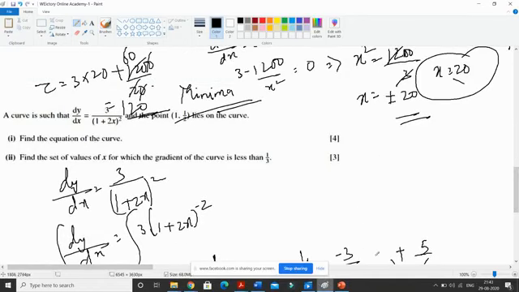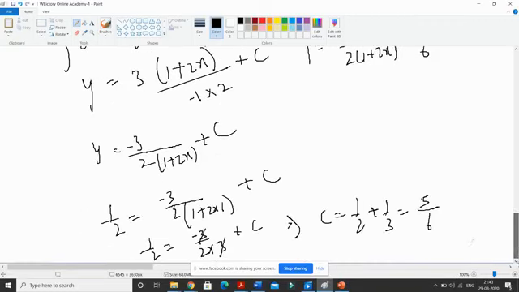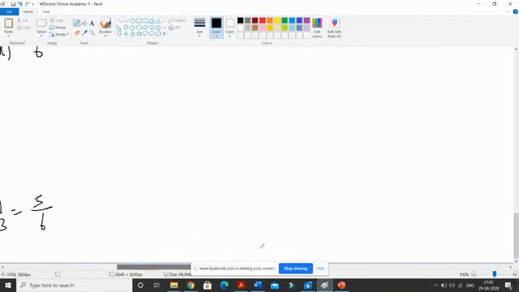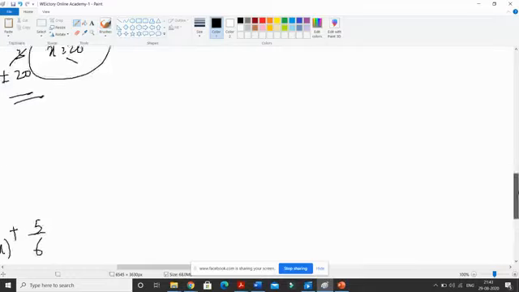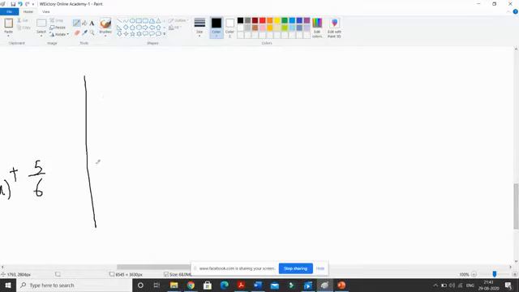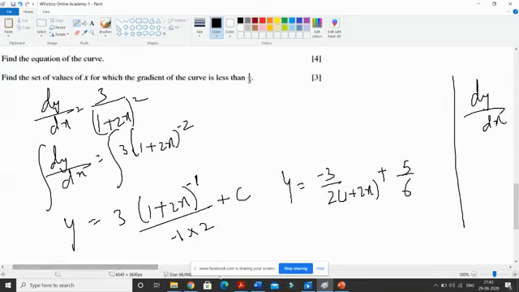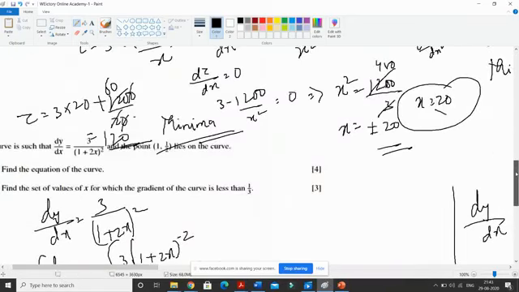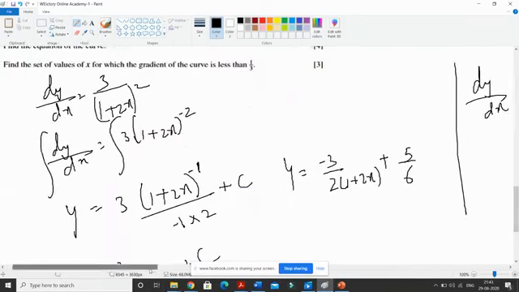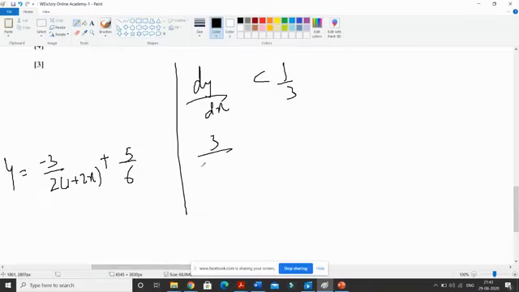So the other part we can solve here: dy over dx less than 1 over 3, because the gradient is dy over dx, and dy over dx is 3 over 1 plus 2x whole square. 3 over 1 plus 2x whole square less than 1 over 3.